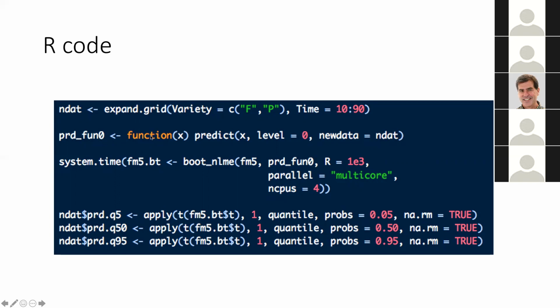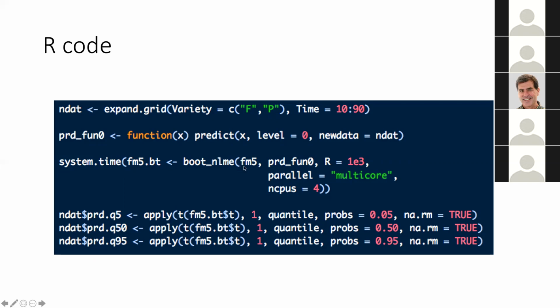Here I create a function that I get predicted values. And here level 0, what level 0 means here is I'm looking at the level of variety, not at the level of plot. We could change this level to ask different kinds of questions. But basically, I'm looking at the fixed level of variety for my predictions. This function, this system times it because I want to see how long it takes, and it takes like 2 or 3 minutes to run.